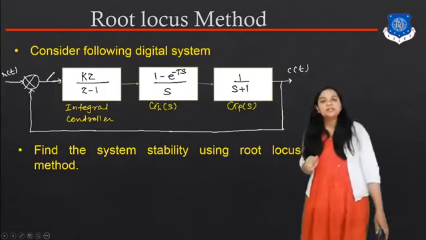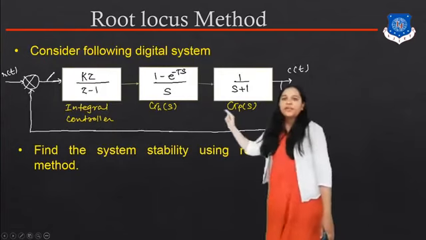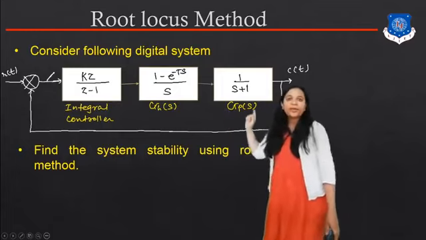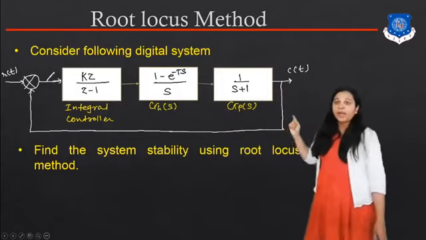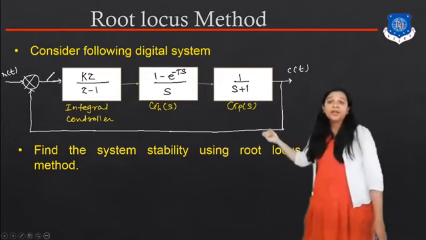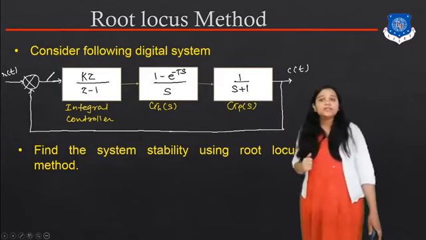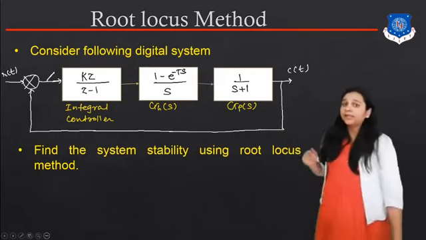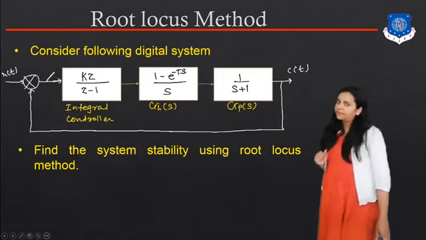Okay, so in this digital system, R(t) is our reference input and C(t) is our output. After that, there is an integral controller, and the equation of the integral controller is Kz upon z minus 1.